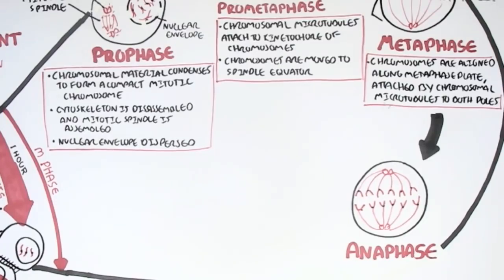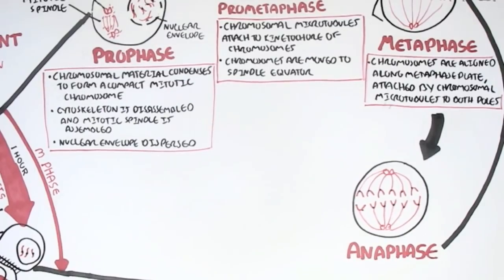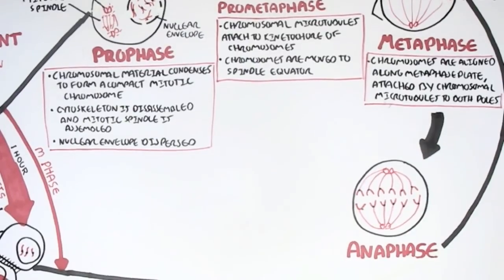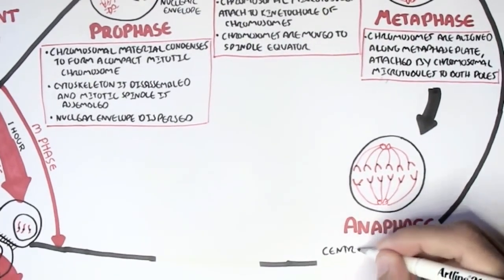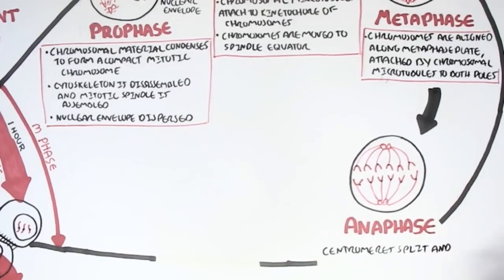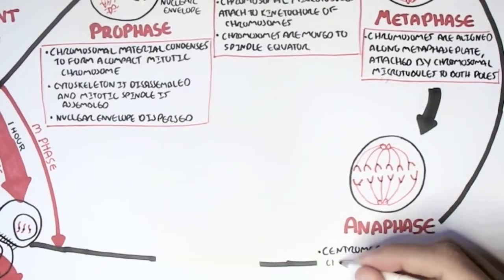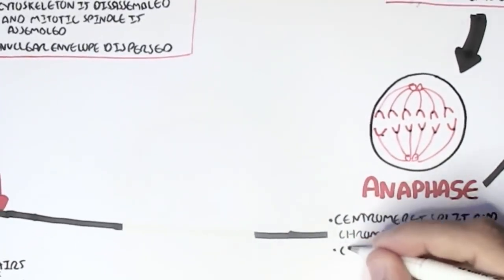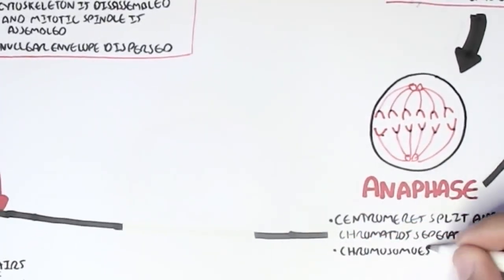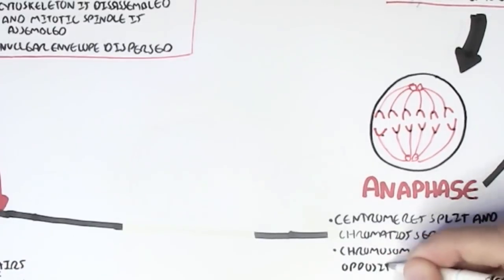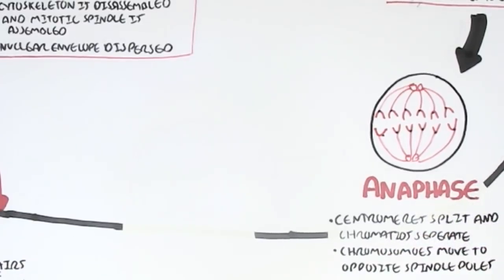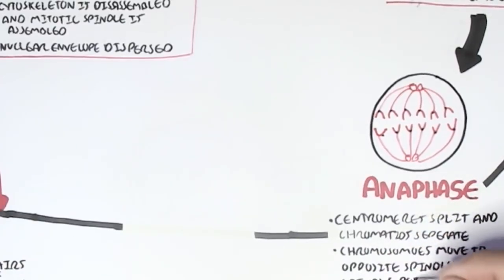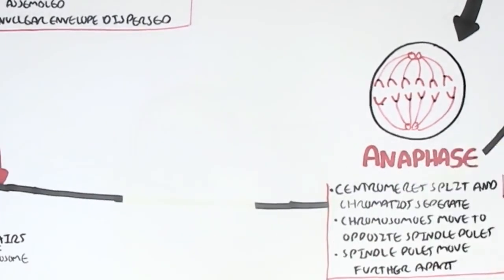One chromatid will go towards one centrosome, and the other will go to the other centrosome because it's being pulled apart. In anaphase, the centromeres, which hold the duplicated chromosomes together, will split, and the chromatids will separate. The chromatids will then move to opposite spindle poles, and the spindle poles will move further apart, ready for division.